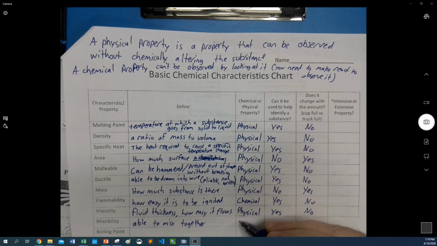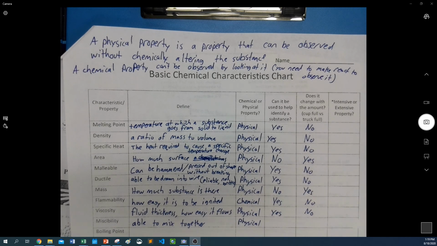So is this chemical or physical? Physical. You wouldn't say if two chemicals are reacting together that one was miscible in the other, because they're reacting. This can also be used to identify it. And no, it doesn't change with the amount.